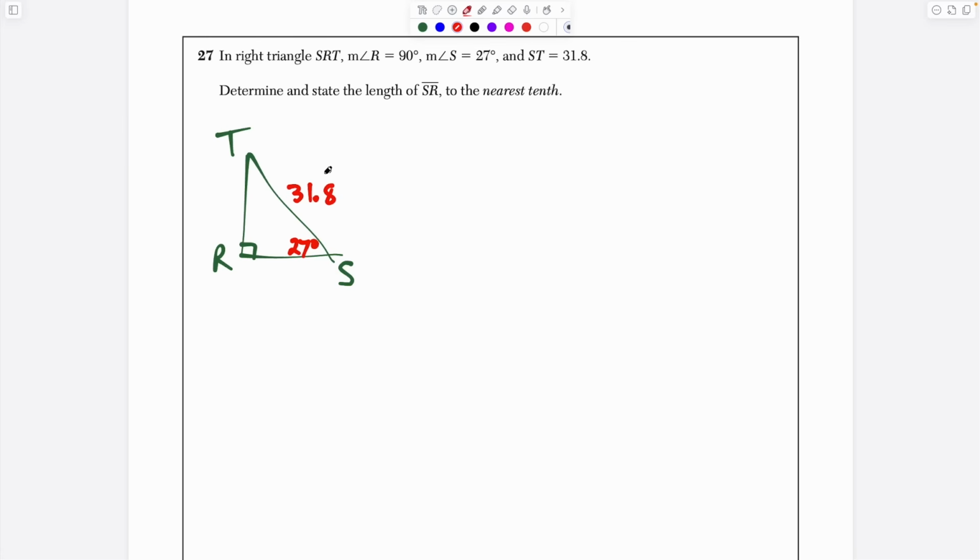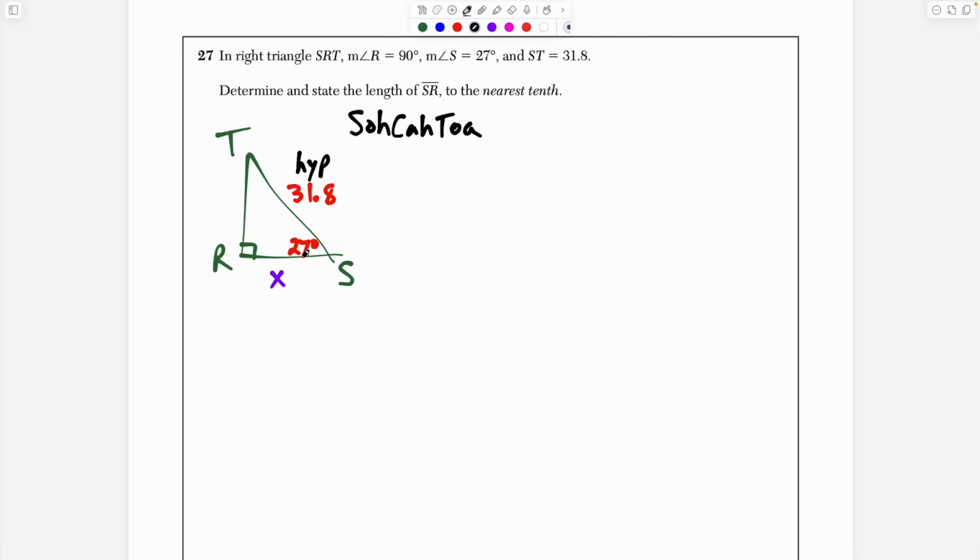So now what we want to find is the length of SR. Okay, so SR is this piece down here. So now we have to think of this phrase here, SOHCAHTOA. And we have to think about what we know and what we're trying to find. So we know that the hypotenuse is 31.8 units long. And I know this is the hypotenuse because it's across from the right angle.